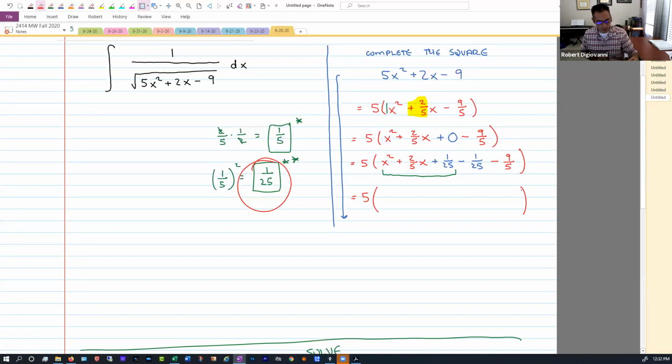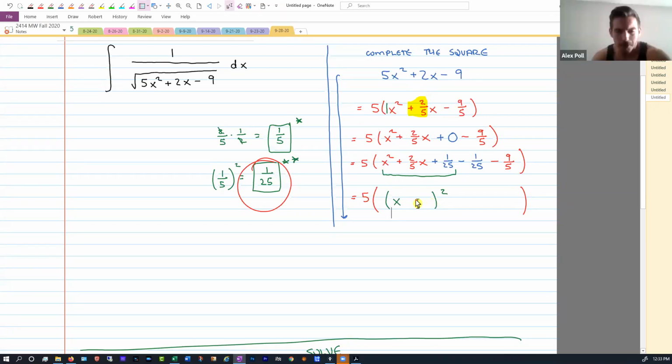Everything in green there is going to turn into something squared. And the something that it turns into is x. Does anyone know what comes here? +1/5. This is where that first special number comes in.